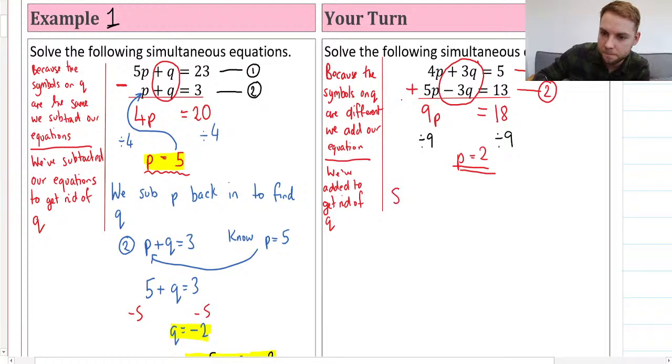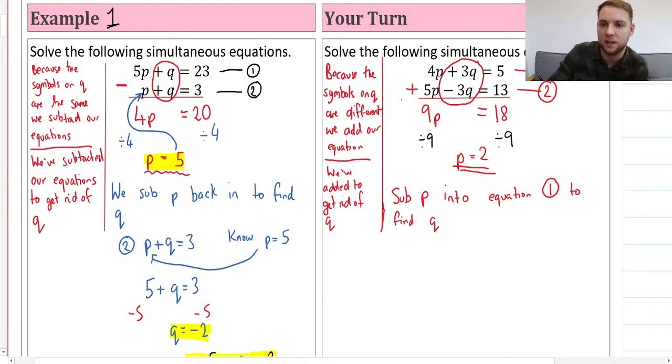So I'm going to sub P into equation 1 to find Q. So equation 1 was this one: 4p plus 3q is equal to 5.